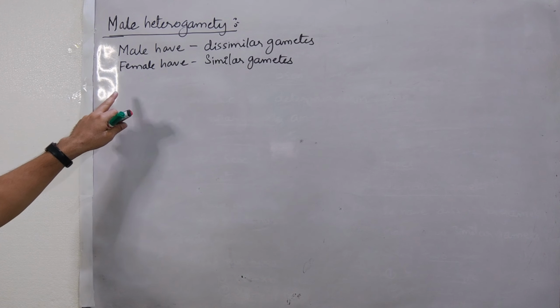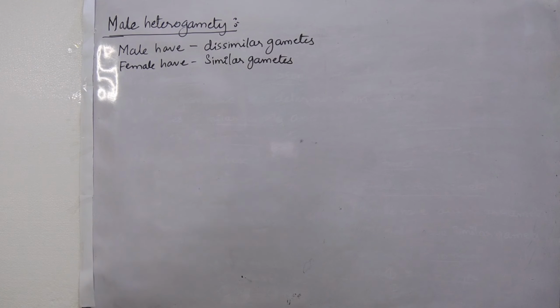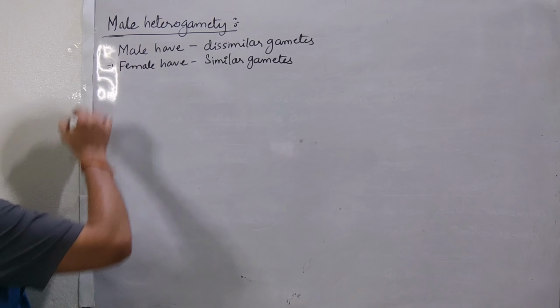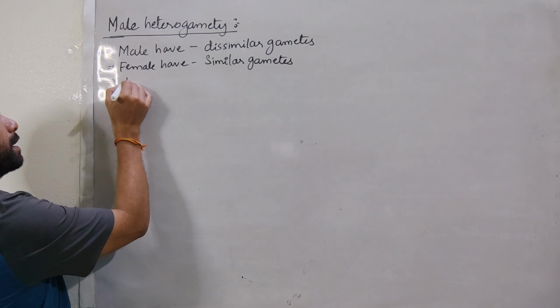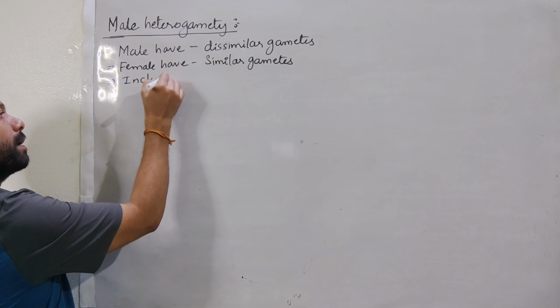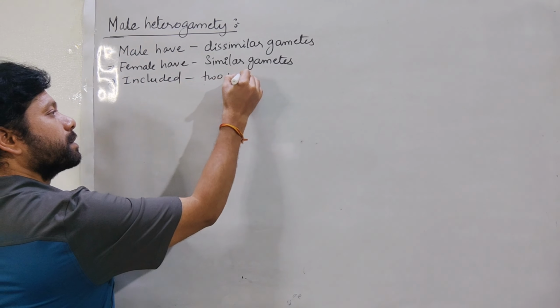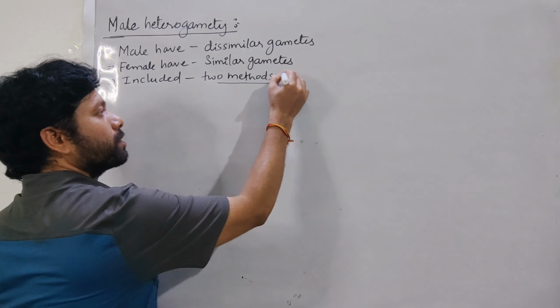Next, how many methods are included? Two methods or two types.